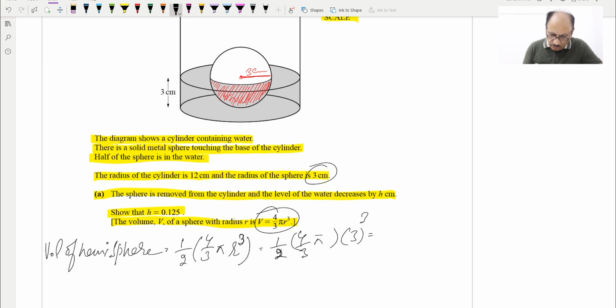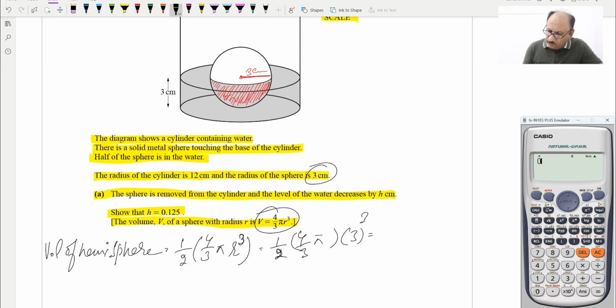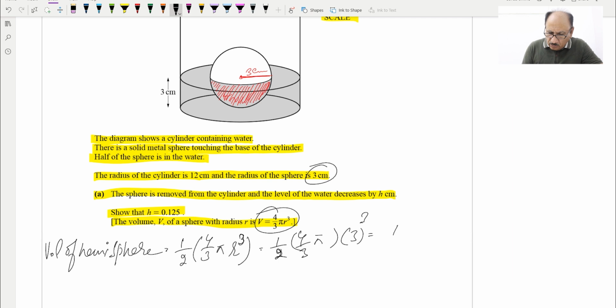This will be equal to half into 4 over 3 into pi, multiplied by 3 cube, and this is equal to 18 pi. So 18 pi is the volume of the hemisphere.